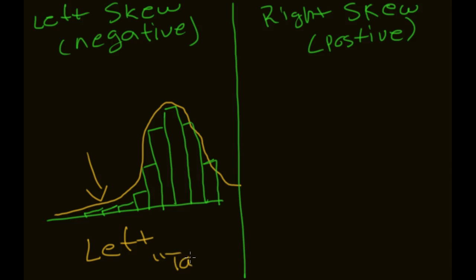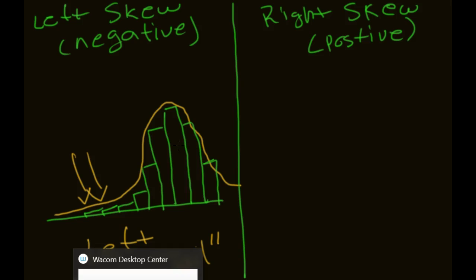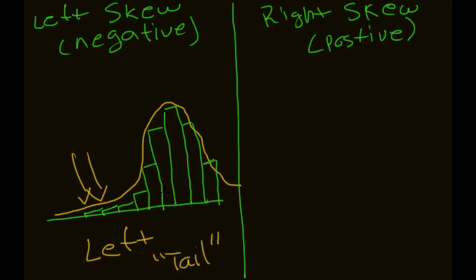So you want to pay attention to where the tail is. If you have left skewed data, that's what's going on. The center will be bunched up on the right-hand side, and you'll have a long tail to the left. So a right skew histogram is almost exactly the opposite.